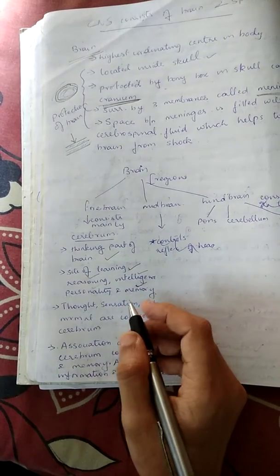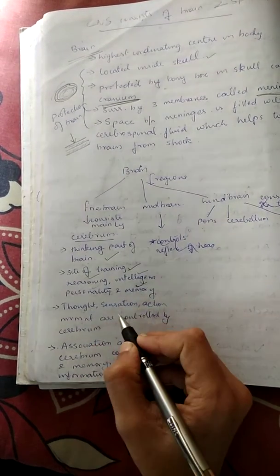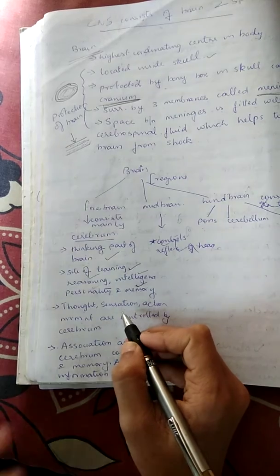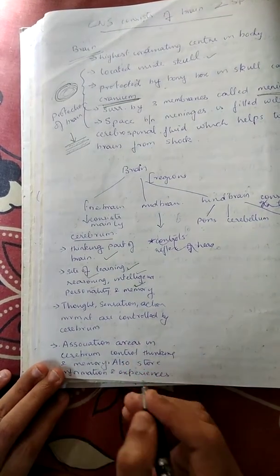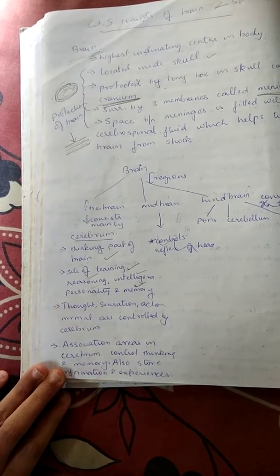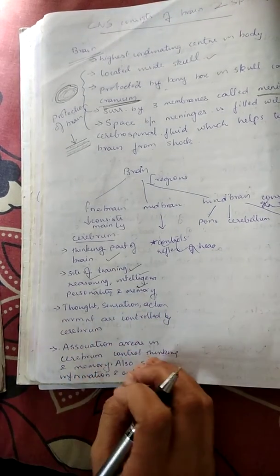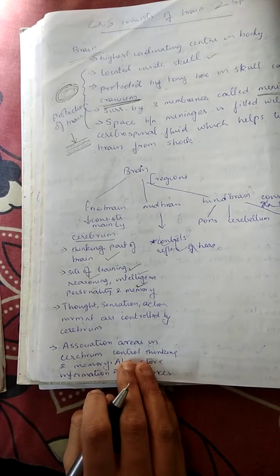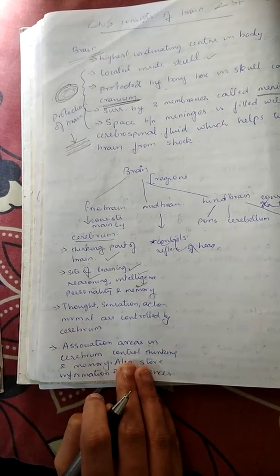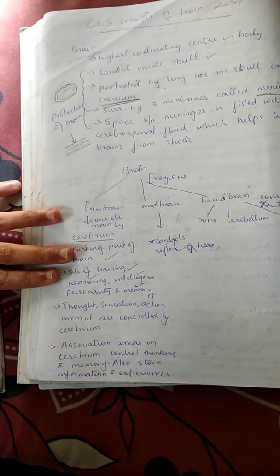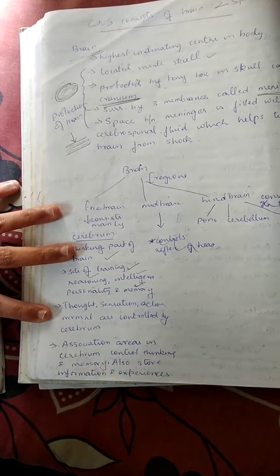Also, the cerebrum helps us in thinking, helps us understand sensations, and helps us do voluntary activity. The cerebrum is a region which controls thinking and memory. It also stores information and experiences.